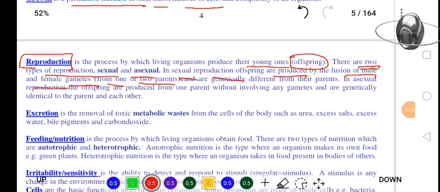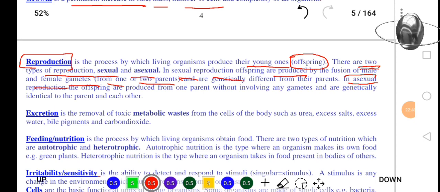You understand where we are going? Because reproduction is a topic on its own. This is just the introduction. In asexual reproduction, there are no sexual gametes that are used. That's the reason why it is called asexual reproduction.